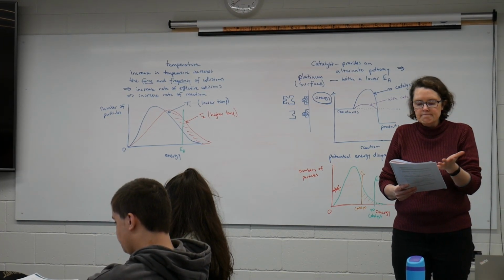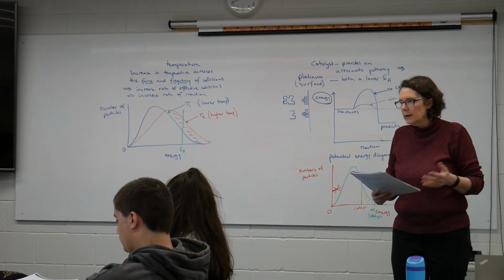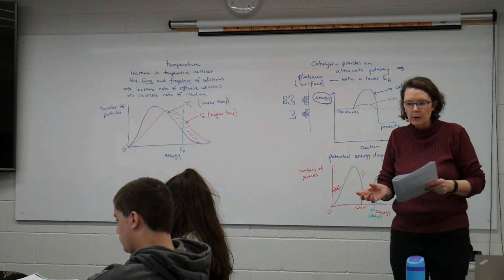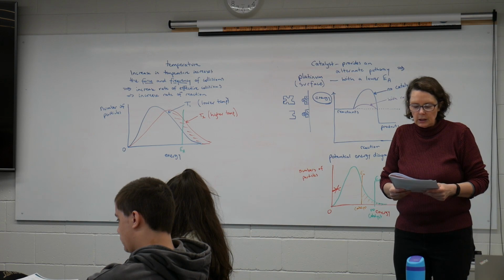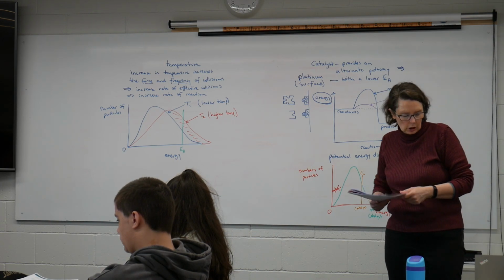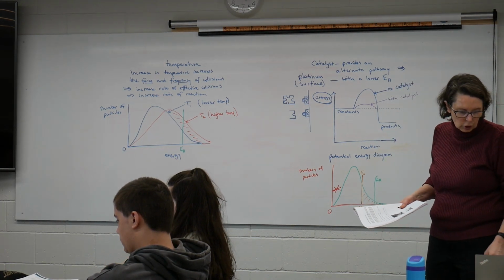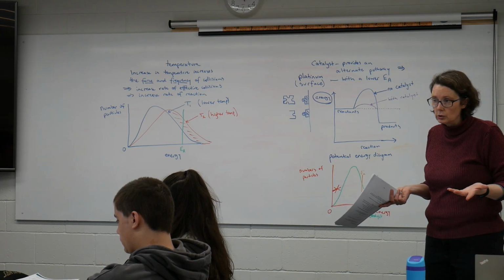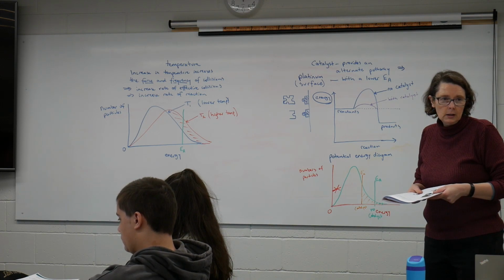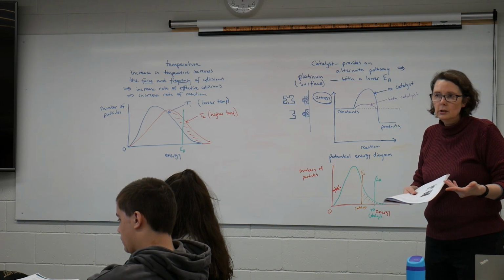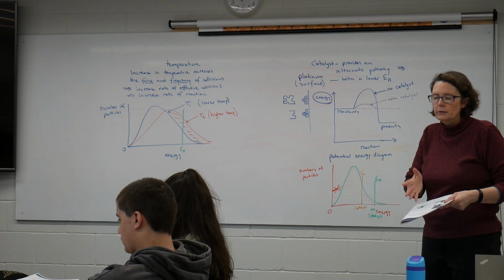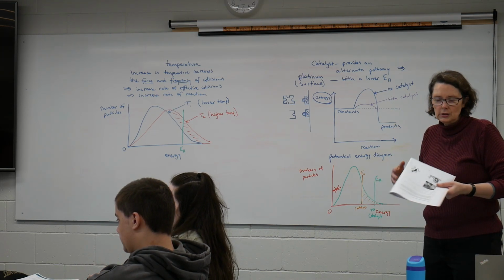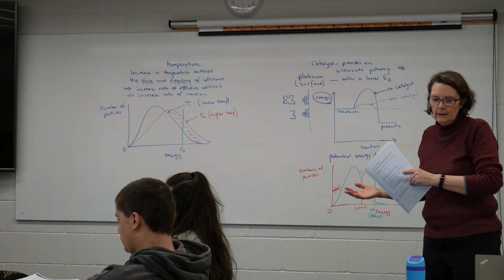But anything that requires ionic or metallic bonds to break tends to require more energy and won't occur at room temperature, unless we were talking about our group 1 metals, which obviously do occur at room temperature. So it's not a hard and fast rule. It's just that we know there are some fast reactions and some slow reactions.